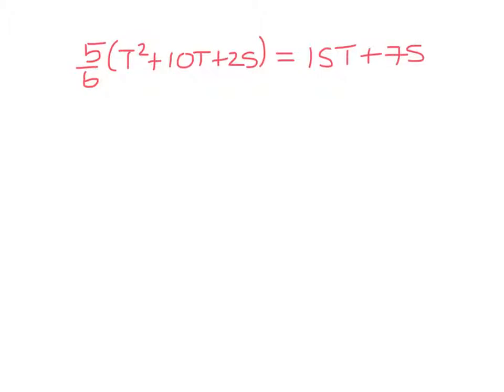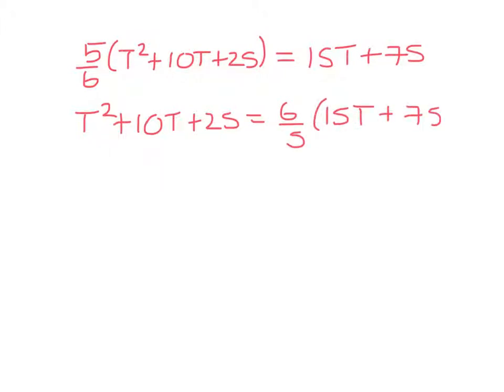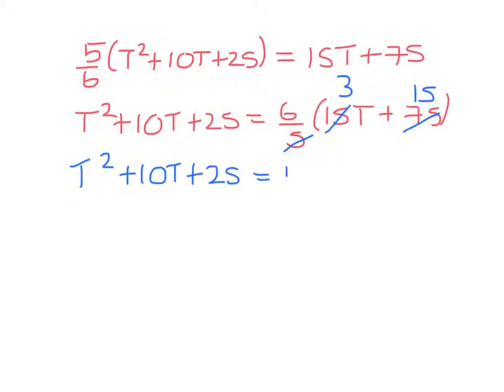Multiplying across by 6 and dividing by 5, so t squared plus 10t plus 25 equals 6 over 5 times 15t plus 75. 5 and 15 cancel to give 3, 5 and 75 cancel to give 15. So this gives us that t squared plus 10t plus 25 equals 18t plus 90.